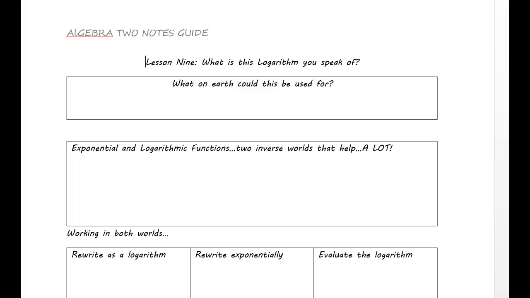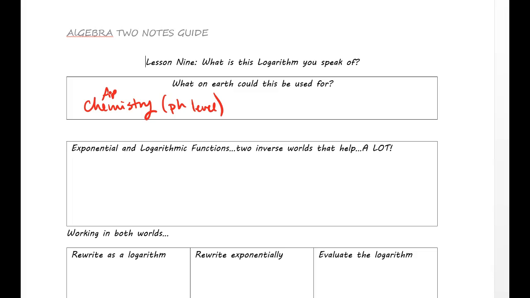So what is a logarithm? What on earth could this be used for? You are going to see logs probably in chemistry as well as Algebra 2. If you in chemistry ever studied pH levels, or maybe it'll be AP Chem, I don't know, but if you did some pH stuff, that is definitely based on logarithms.